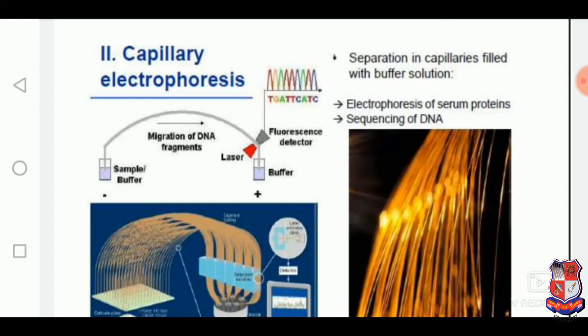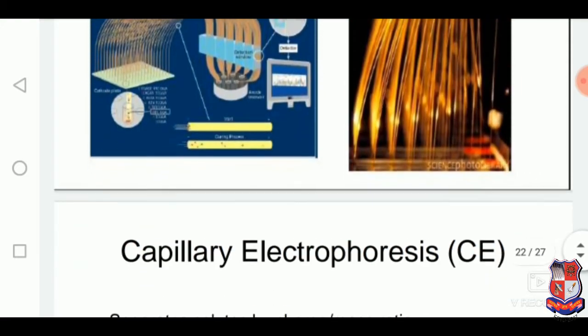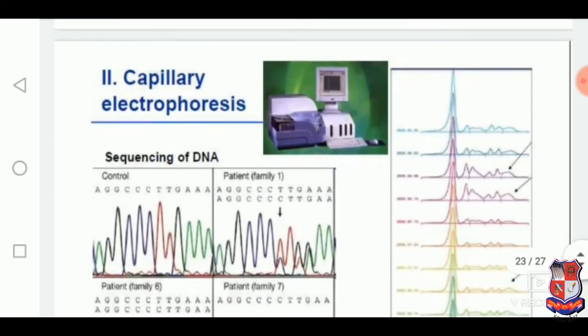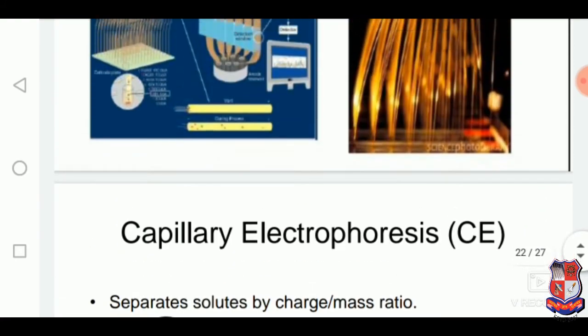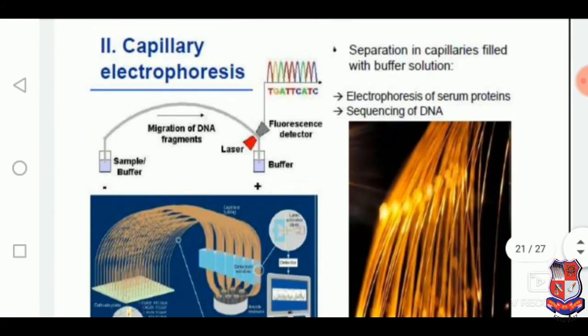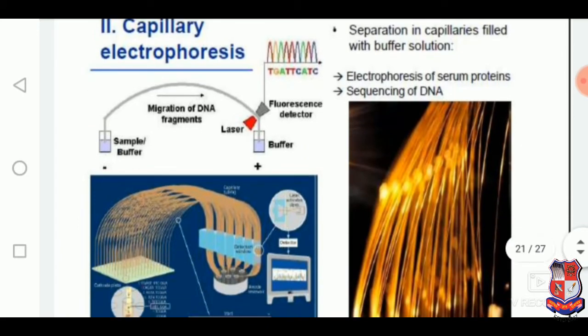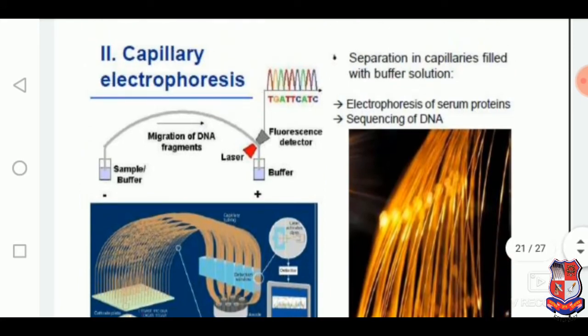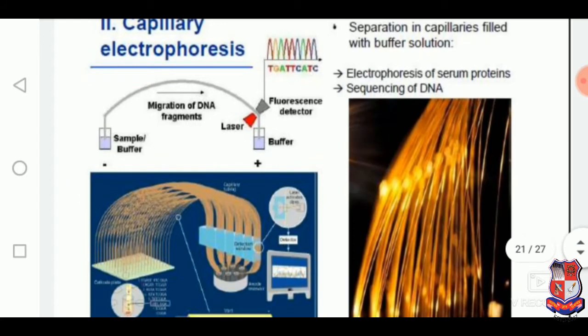Capillary electrophoresis has several advantages, as it has faster resolution and in less time. This is an illustration for capillary electrophoresis, showing how the capillary looks in actual, and the separation in capillaries filled with the buffer solution, which includes the electrophoresis of serum protein and sequencing of DNA.